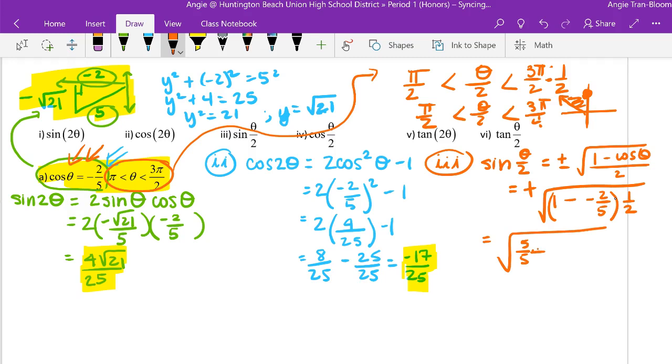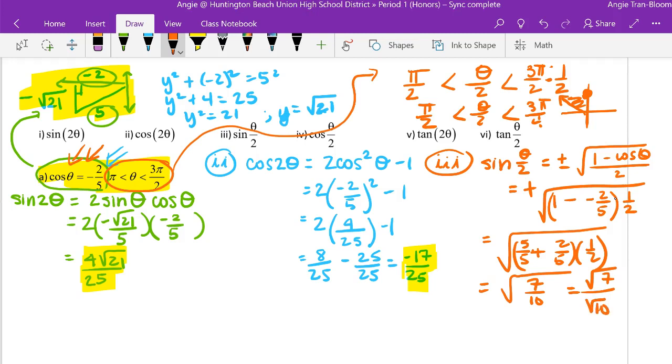Two subtractions make it positive. 7 over 5 times a half gives 7 over 10. That's like radical 7 over radical 10, which I now need to rationalize the denominator.